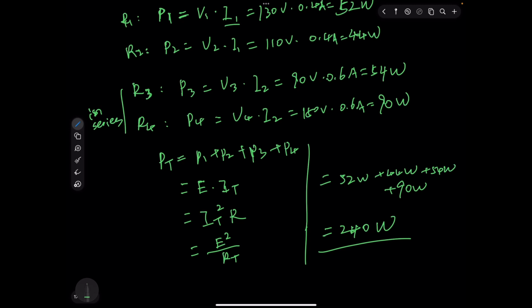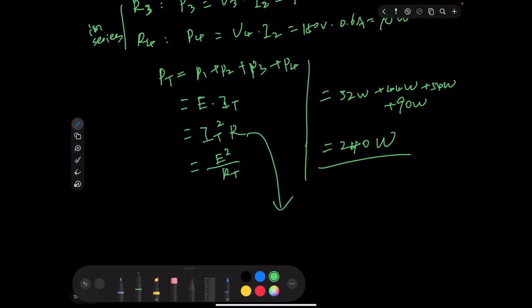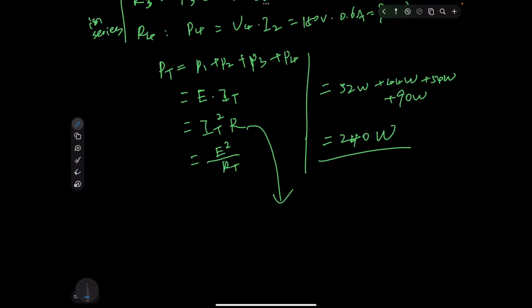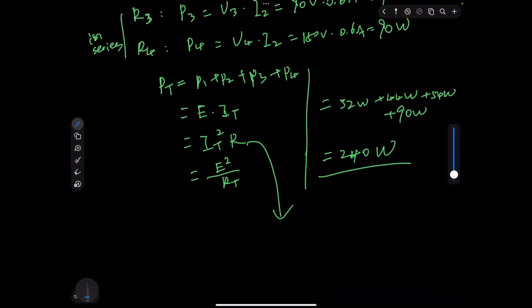If you want to prove this number by using this formula here, IT is 1 amp. So it will be 1 amp squared times RT. So here's RT. RT is 240 ohms. So that's 240 watts.